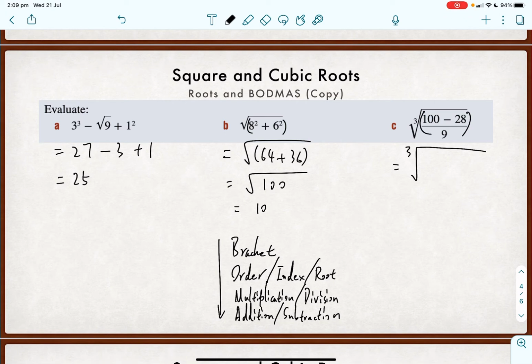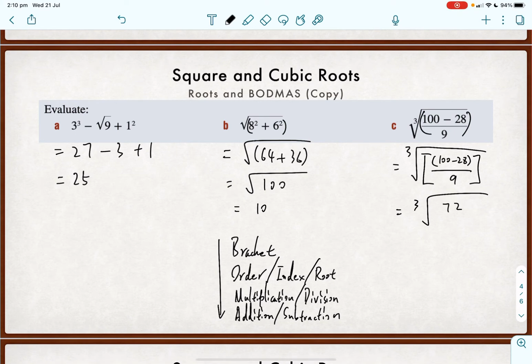Now inside the bracket, you have a division as well. So basically, you got a big bracket. You got a bracket on top, 100 minus 28, over 9. So it looks like we need to do the numerator first. So 100 minus 28. 100 minus 28 is 72.